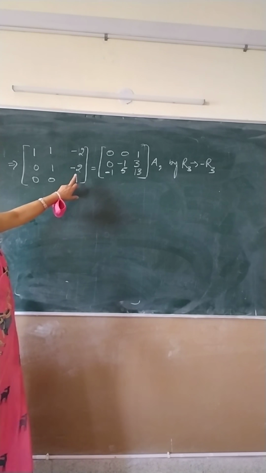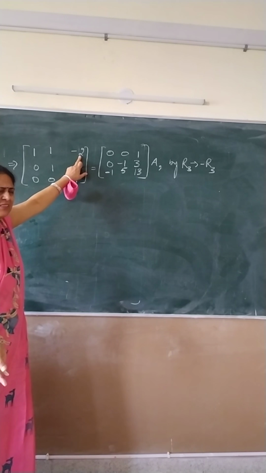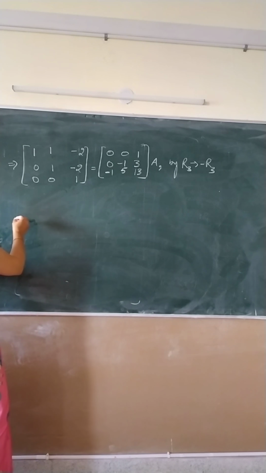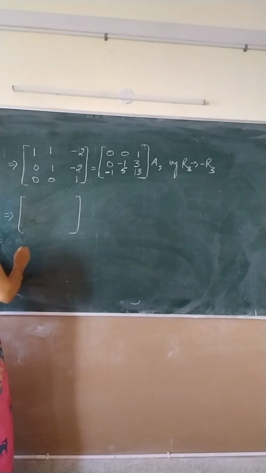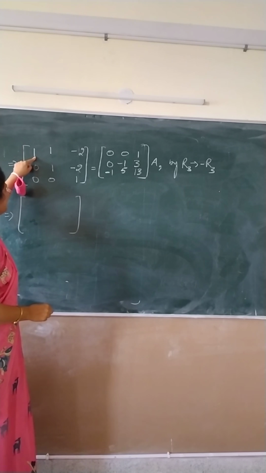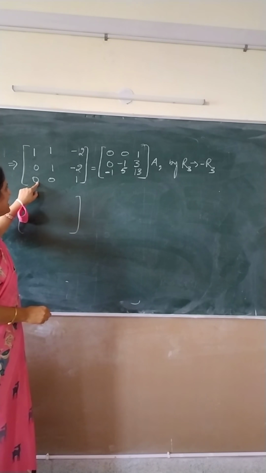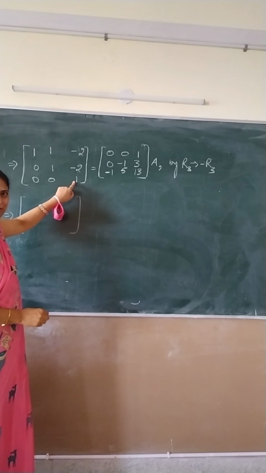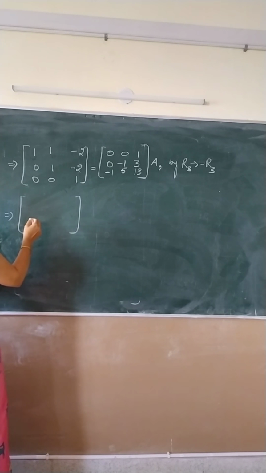You have to apply an operation on R1. Which operation? R1 plus 3 R2. Then you will get, clear.